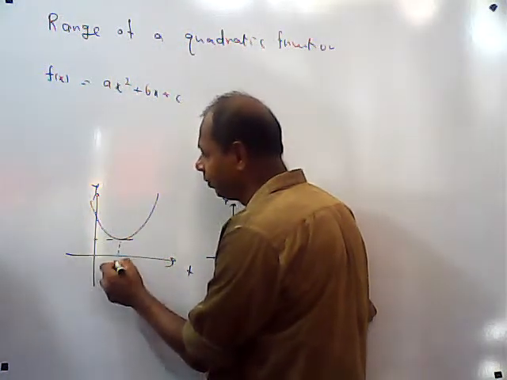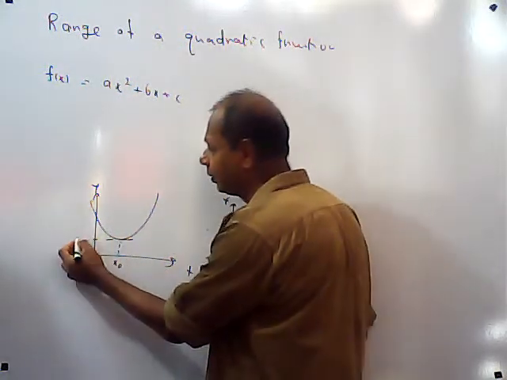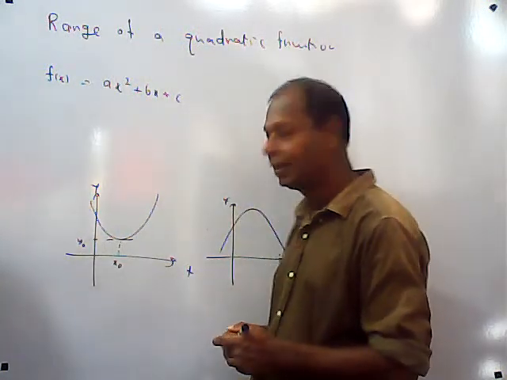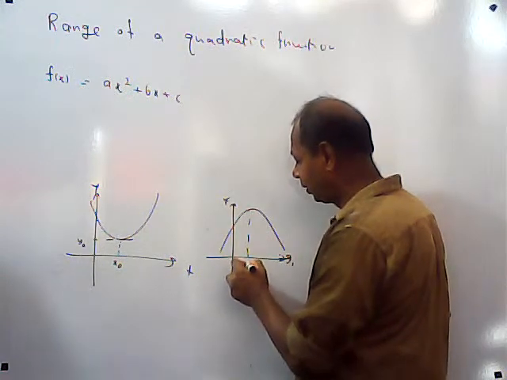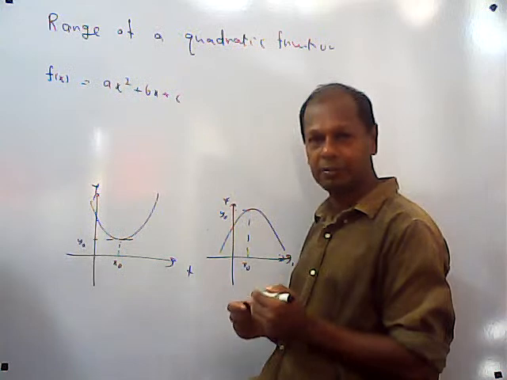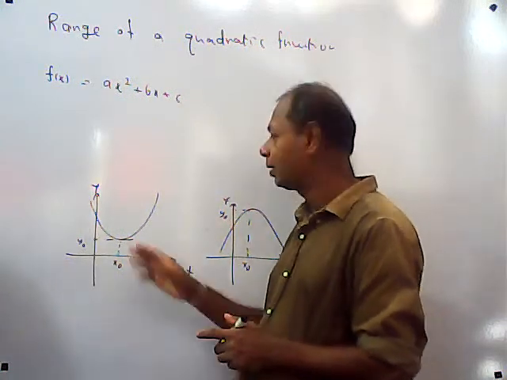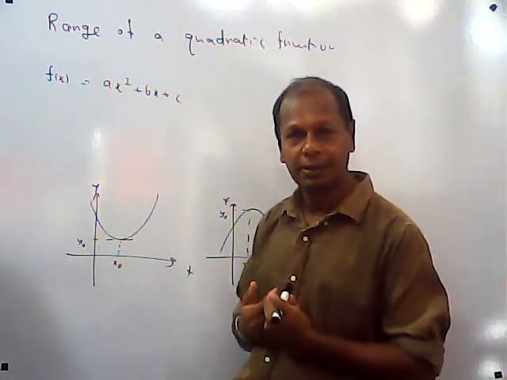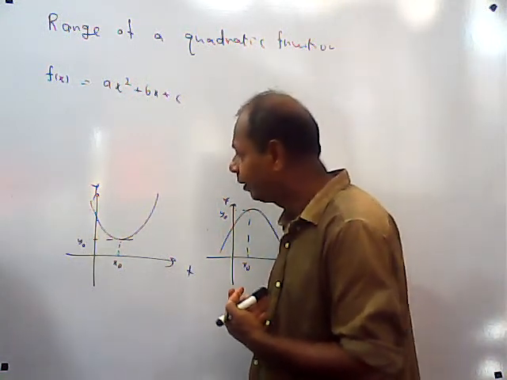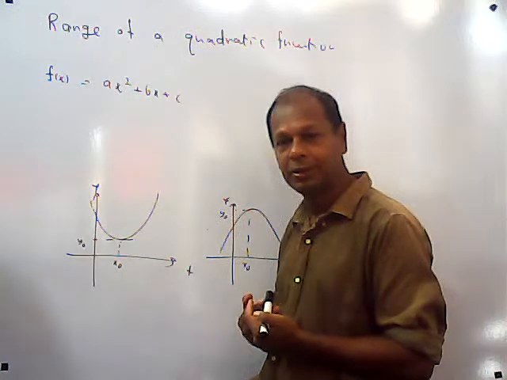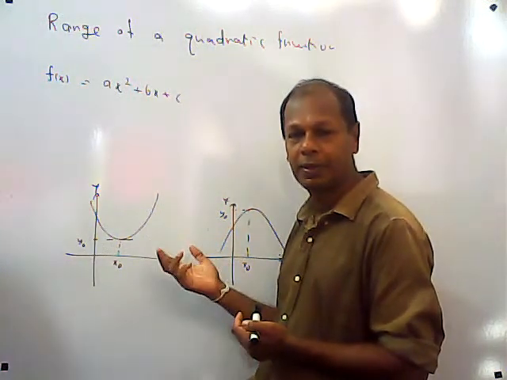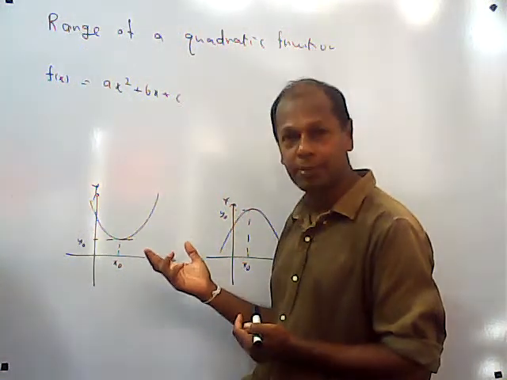Minimum point: what is the value of x for which the function is minimum, and what is the minimum value of y. Here, what is the value of x for which the function is maximum, and what is the maximum value of y. But without the diagram, without finding it visually, here we learned how to find it algebraically.